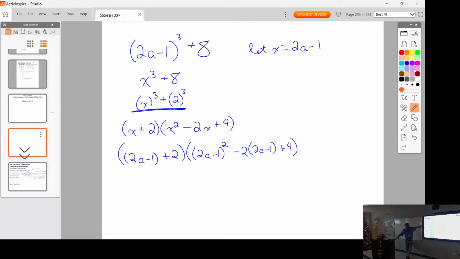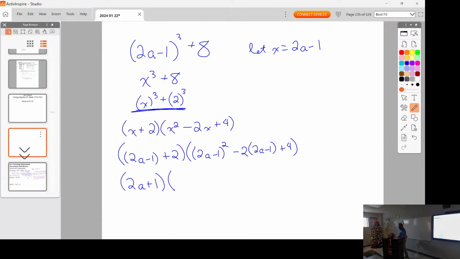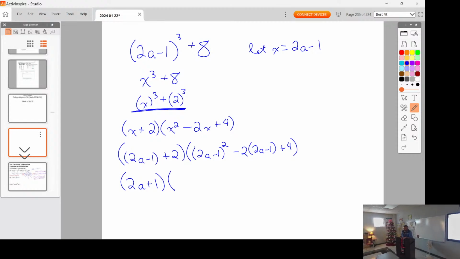Looking at the first part, what's 2a minus 1 plus 2? 2a plus 1 times. What is 2a minus 1 squared? That is a binomial, right? We're squaring a binomial, so you can FOIL it. You can apply the perfect square factor if you want to.